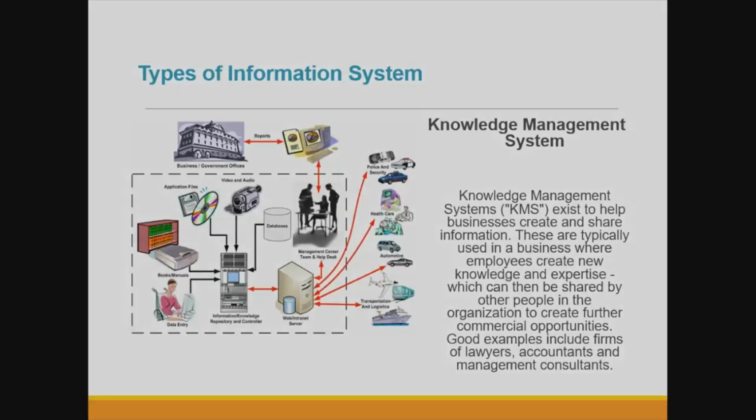Okay, the next type of information system is the knowledge management system, also known as the KMS. KMS exists in order to help the business to create and share information. In a knowledge management system, how can we create and share the information that we have?